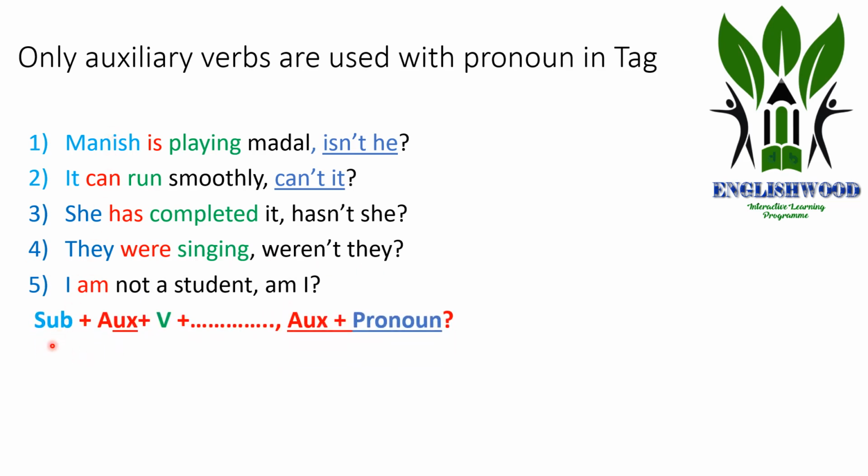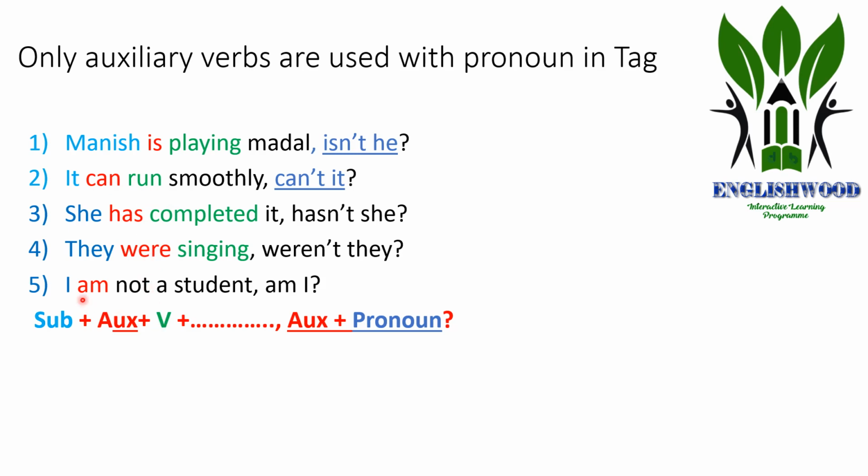So the rule can be summarized as follows. Subject: Manish, it, she, they, I. Auxiliary verbs: am, were, has, can, is. Playing is the main verb, is is the auxiliary verb; run is the main verb, can is the auxiliary verb; completed is the main verb, has is the auxiliary verb; singing is the main verb, were is the auxiliary verb.